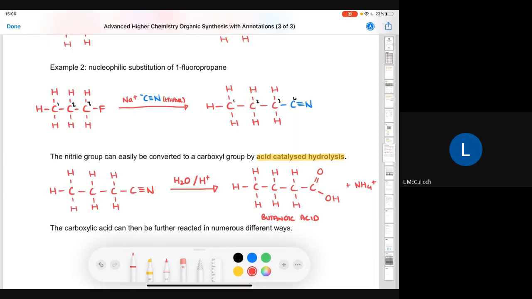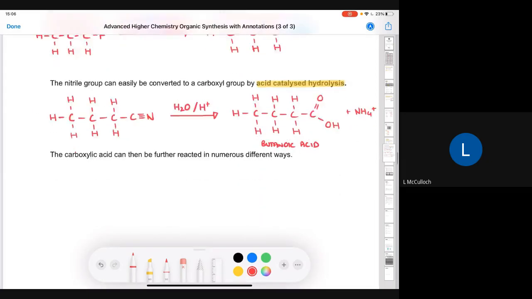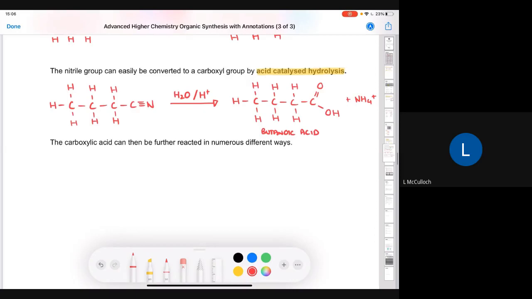So, breaking that carbon to nitrogen triple bond and replacing it with a carboxyl group, so a C double bond OH on that same carbon. Once we've got that carboxylic acid, we can react that in numerous different ways. There are so many things we can do with a carboxylic acid. I'm just going to list a couple of them here. We can do a reduction to form an aldehyde or alcohol.